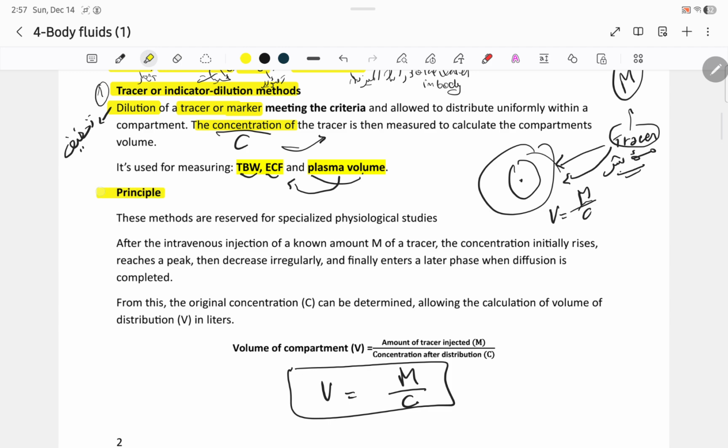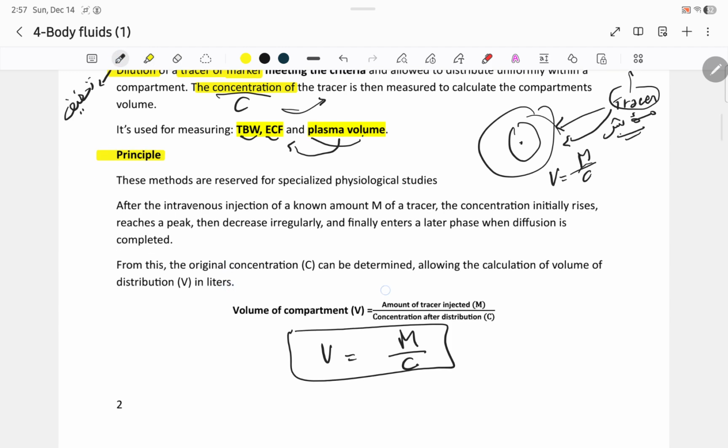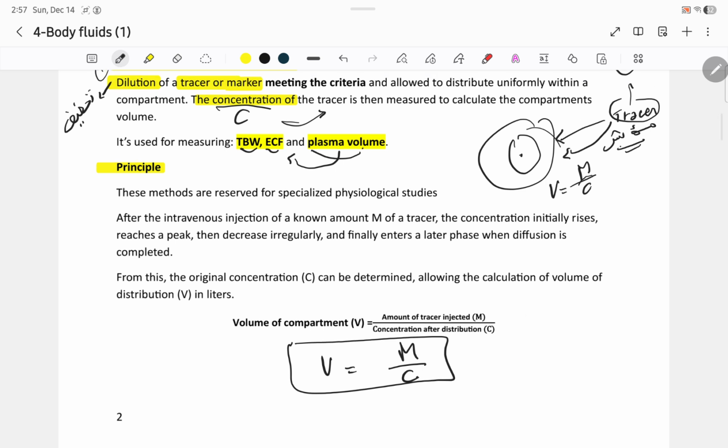Here we have the principle of this method. These methods are reserved for specialized physiological studies. It's not for medical use, it's just for studies. After the intravenous injection, we inject this tracer of a known amount.